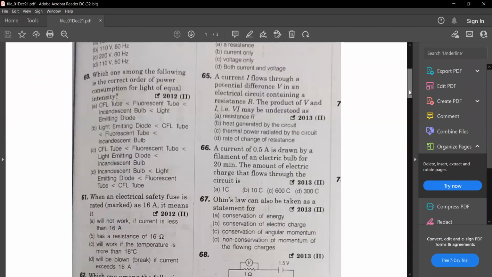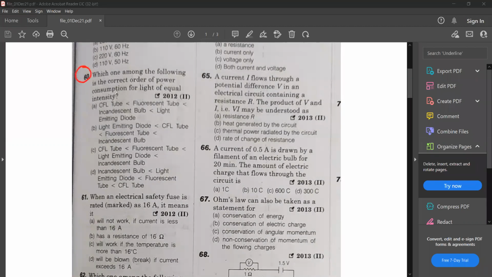Question number 60. Which among the following is the correct order of power consumption for light of equal intensity? Okay, so you have to see from this which is consuming more power and which is consuming less power.